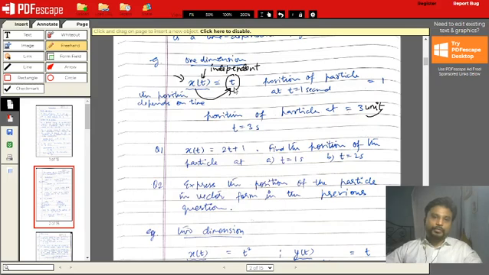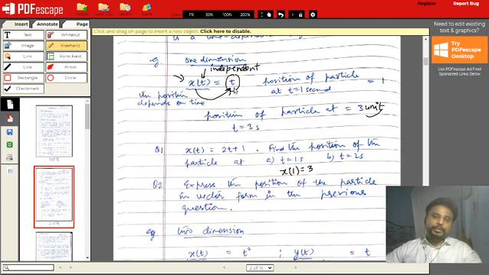When we put t equal to 1 here, we would get 2 plus 1, that is 3. So the position of the particle at 1 second is 3.